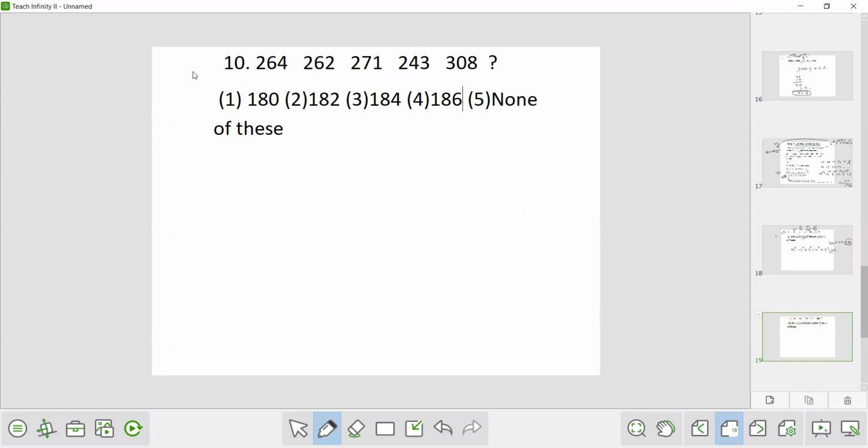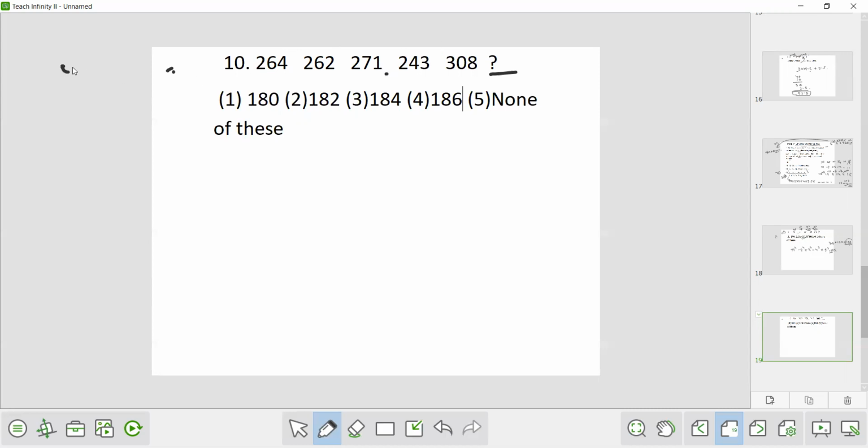Now, again, the second question on this ups and down series. The series is of the nature 264, 262, 271, 243, 308. Now, what will be the next term? So here, as we look, it's decreasing, then increasing, then decreasing, then increasing.